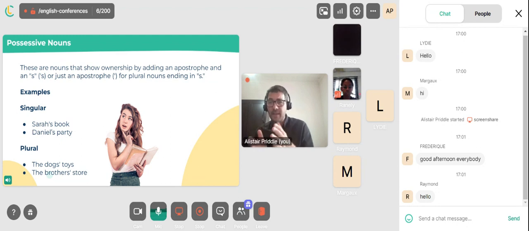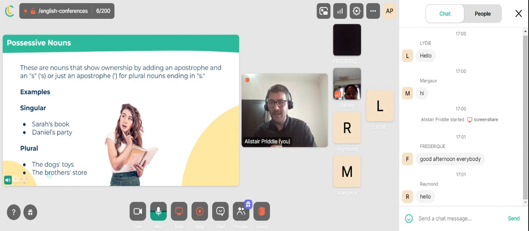Examples: singular, Sarah's book, Daniel's party. And in the plural, the dogs' toys, the brothers' store.